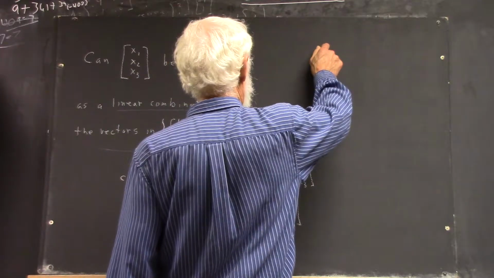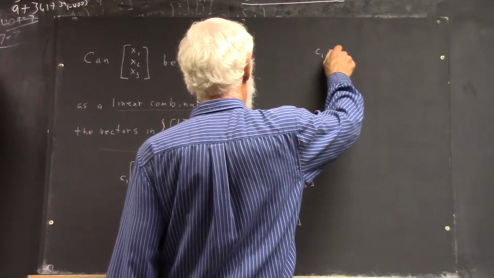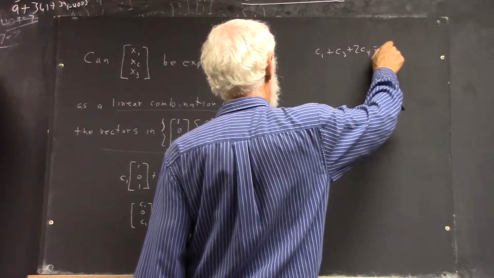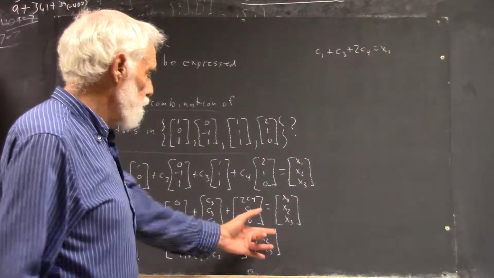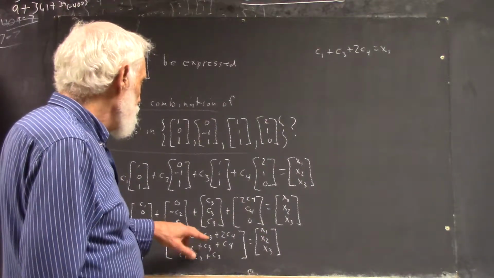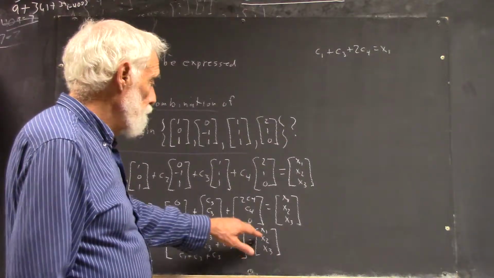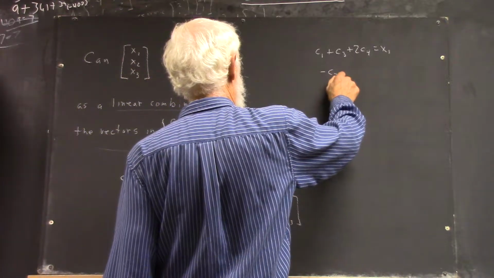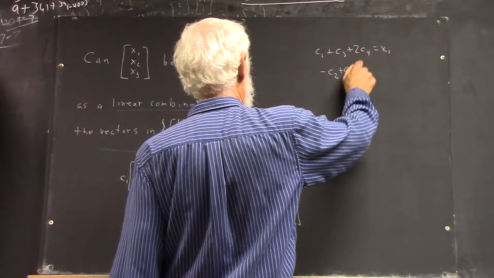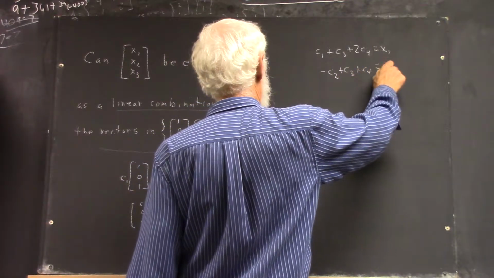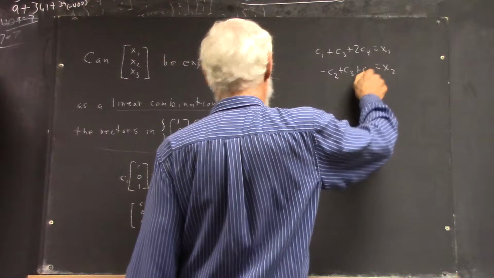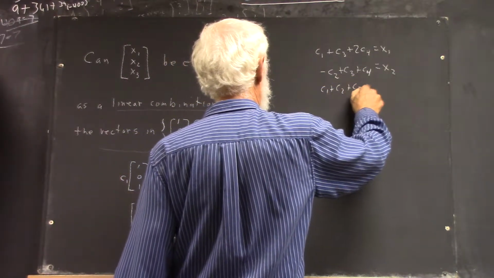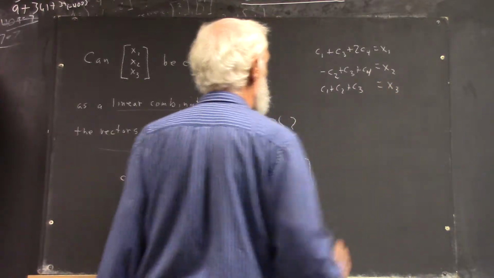So you have C1 + C3 + 2C4 = x1, because these two vectors are equal if and only if the corresponding entries are equal. And -C2 + C3 + C4 = x2. And then C1 + C2 + C3 = x3.